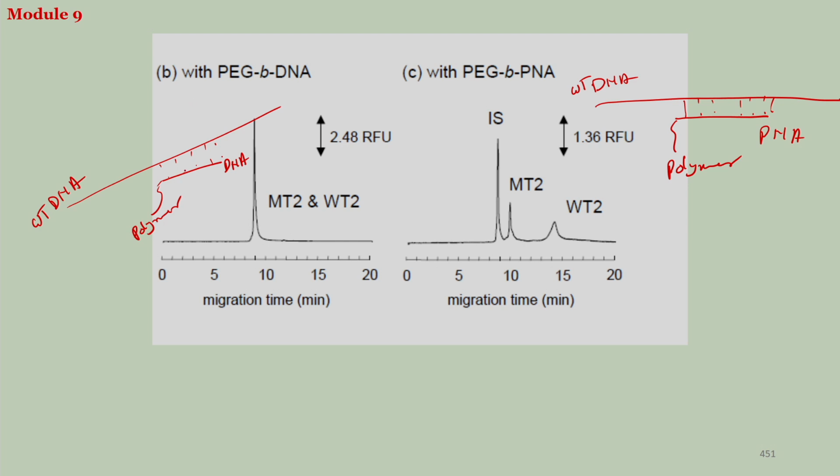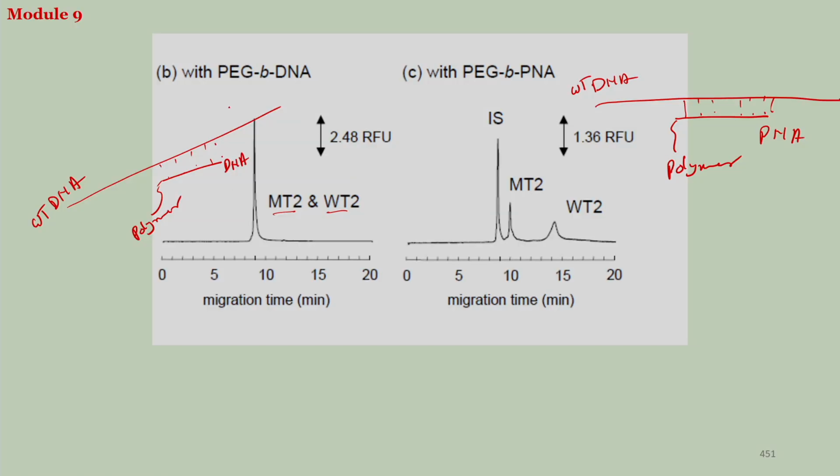If you use this and do the electrophoresis, see, mutant and wild type are not separated, they are merged together in this peak, which means the presence of a single base mismatch in the target DNA has not been detected using the DNA as the probe, because the hybridization of the perfect complementary and the mutated are both almost similar, the melting temperature is not very different.